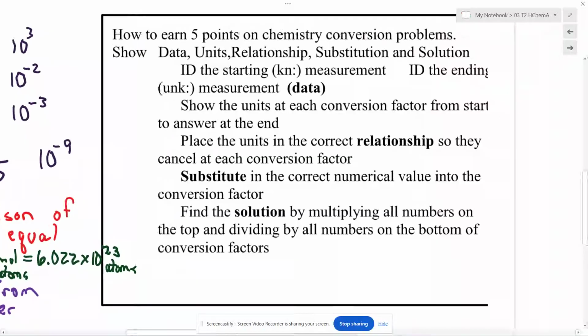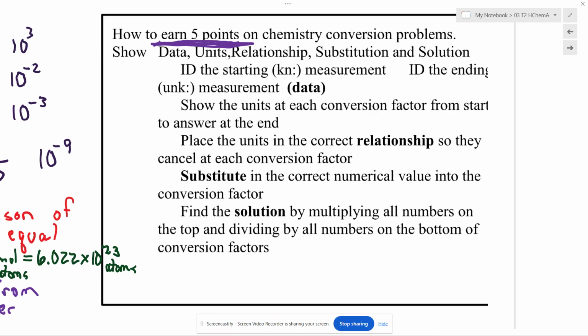Because this box is about how you get scored. Like if we have a test and it has a dimensional analysis problem on it, how do you get all the points? There are always 5 points for this kind of problem. How do you get all the points? Well, it really comes down to, if you're going to do math, you have to show math, not magic. You can't just magically come up with an answer without showing how you got that answer.